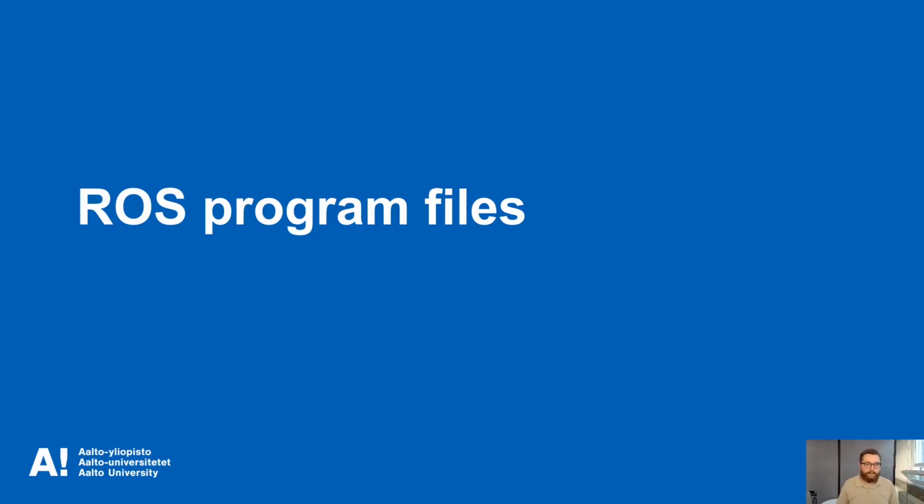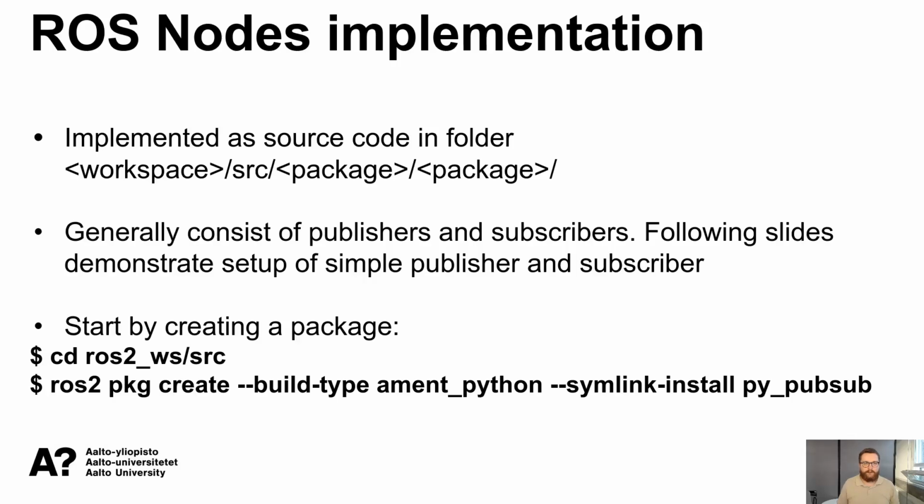So let's jump a little bit deeper, looking into ROS program files. Now we're getting to the very practical topics of how you create your programs, how you code the functionalities that you want in your robot or automated vehicle. We are talking about implementing nodes, which, as said, are the basic implementation of functionalities in ROS.